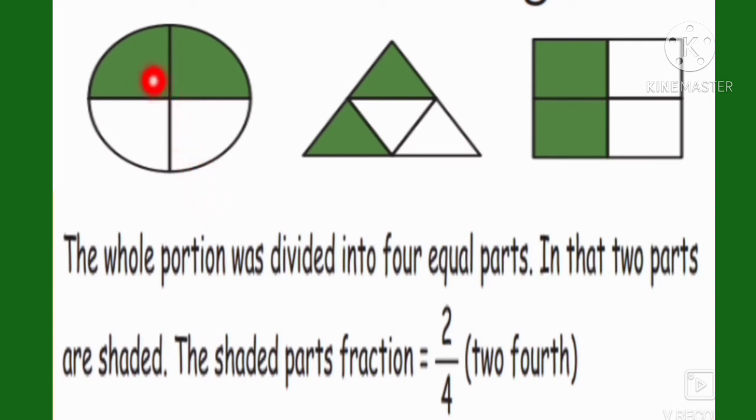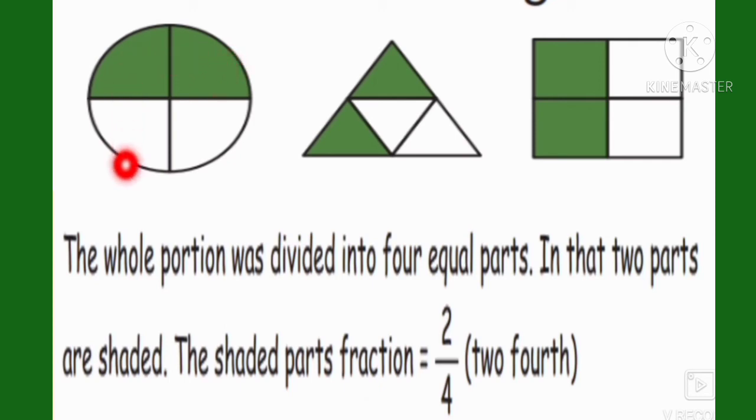And what will be the fraction of shaded parts? Yes, that is 2 by 4. That is, 2 parts are shaded. So 2 will be the numerator, the number of equal parts of a whole which are shaded, colored. So 2 is on the top of the fraction bar.